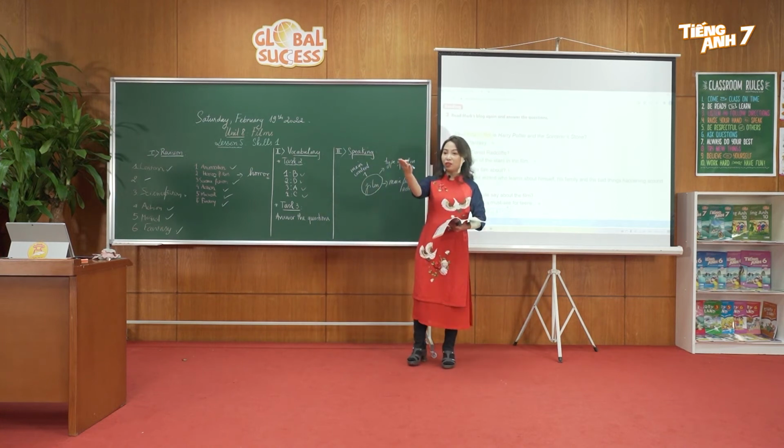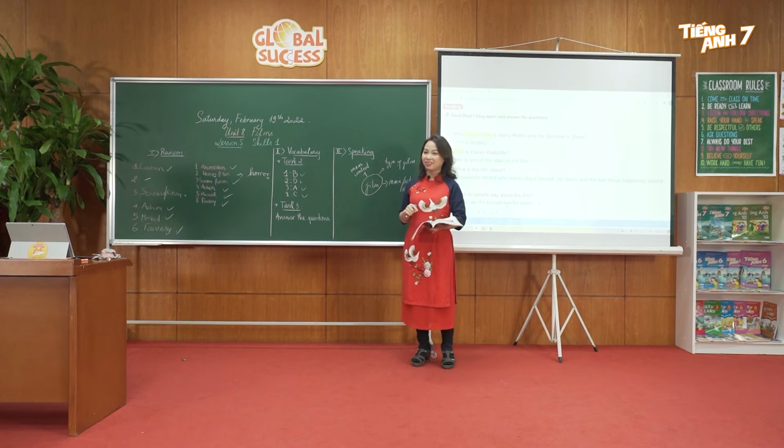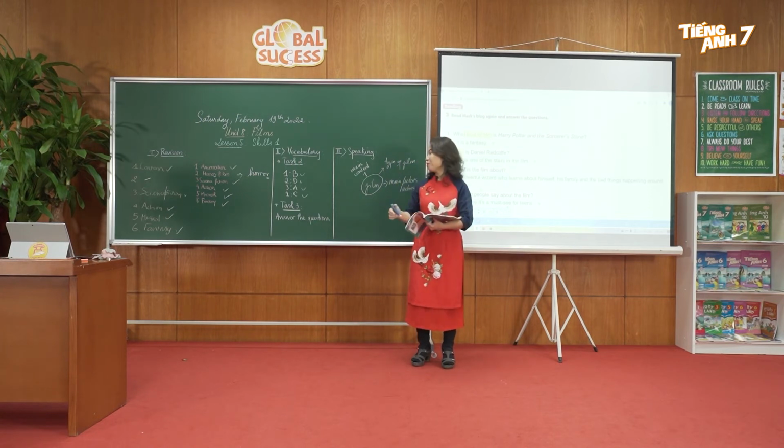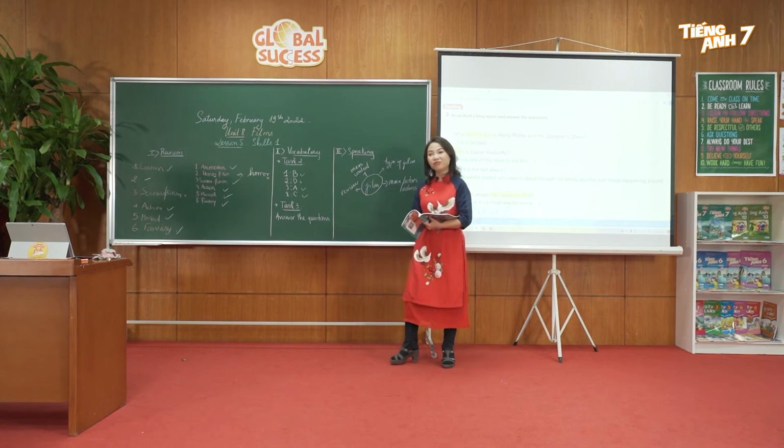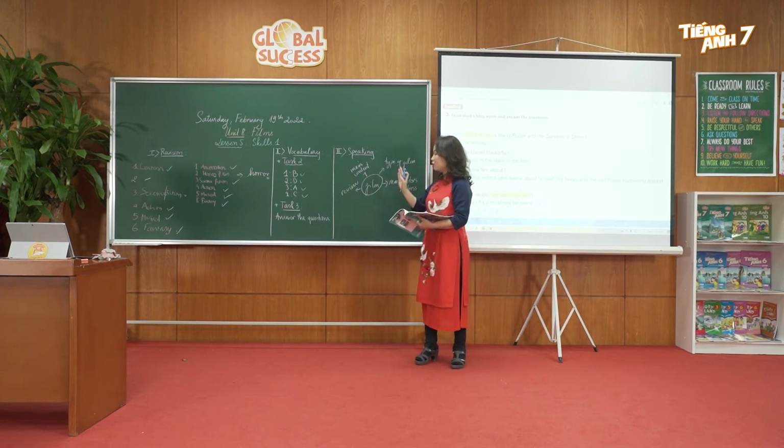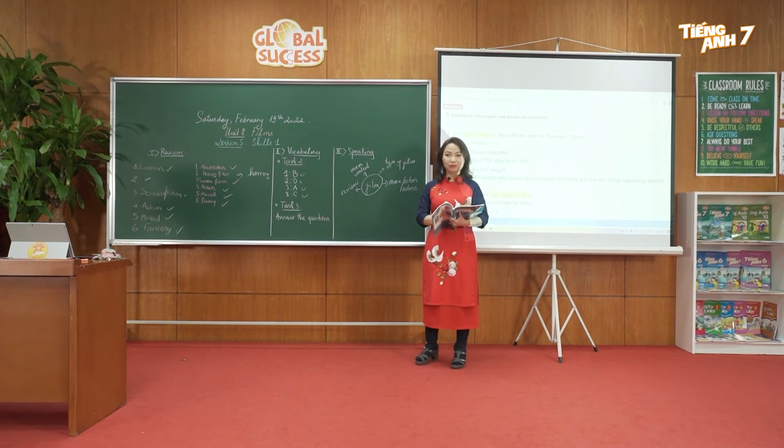And the question number 4, Bảo Linh. What do people say about the film? It means people want to know the review. Yeah, good job. People want to know the review of the film. They are the 4 main points if you want to talk about a film.